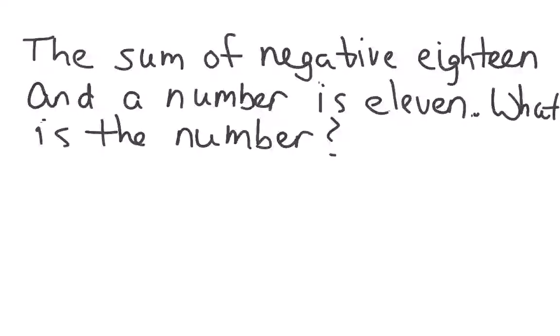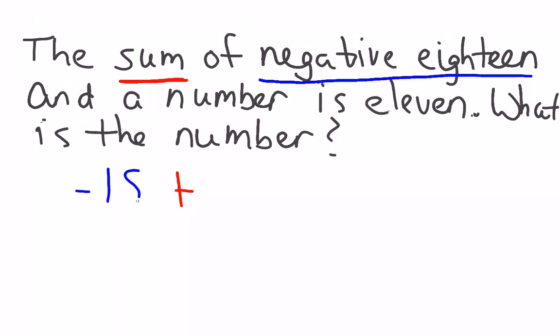Well, first we need to figure out what equation we're going to be working with in this case. So we need to translate what this means. Let's look at it a little piece at a time. It says the sum. Sum means I'm adding something. So what am I adding? It usually tells us afterwards. Sum of negative 18, so negative 18 and a number.